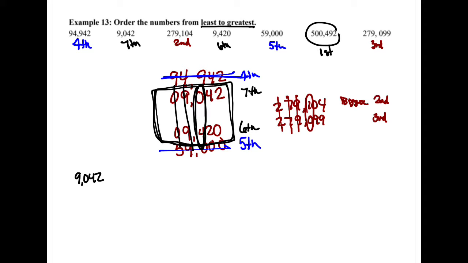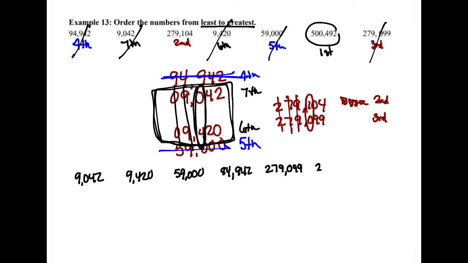Okay, so we're going to go 9,042, and then our 6th is 9,420. 5th is 59,000. 4th is 94,942. 3rd is 279,099. 2nd from the last is 279,104.